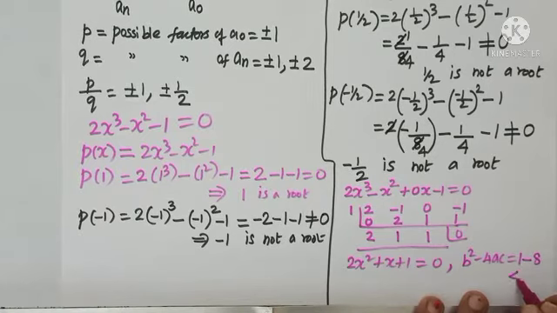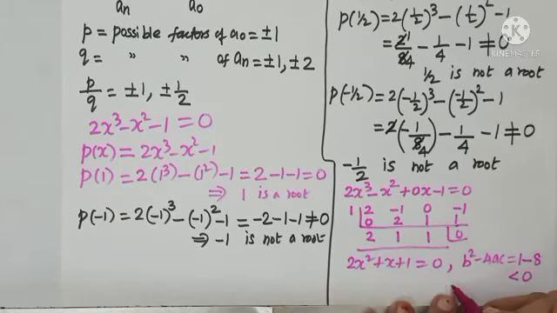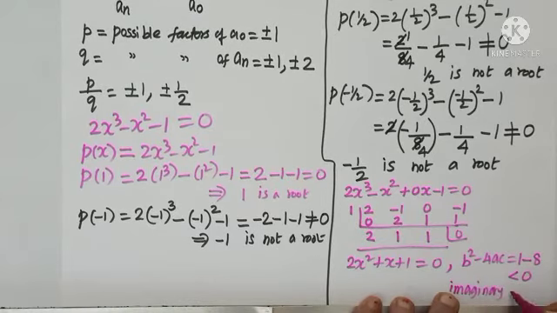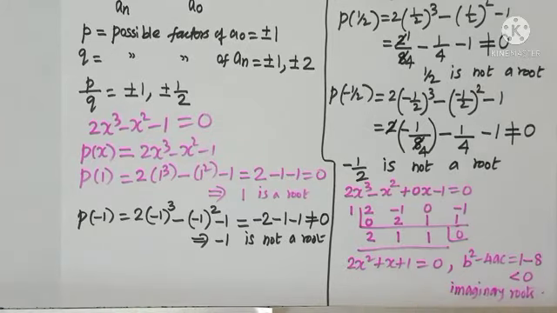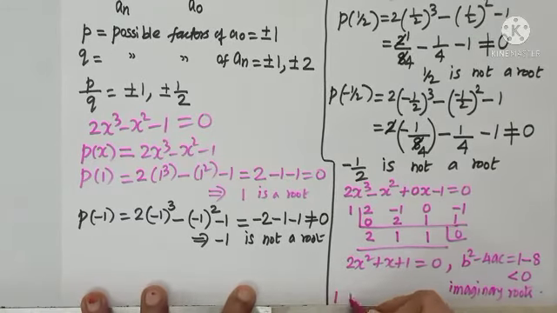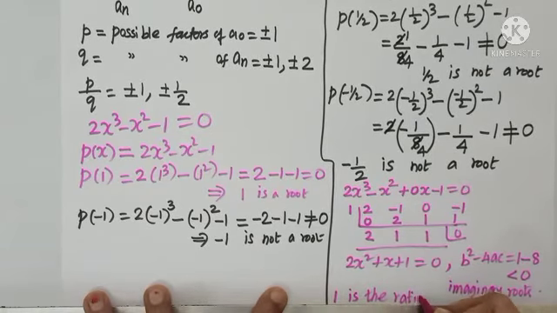It is below 0. Whenever the discriminant is below 0, we will declare the roots are imaginary. My question is only the rational root. So we arrive at 1 as the rational root for this particular question.